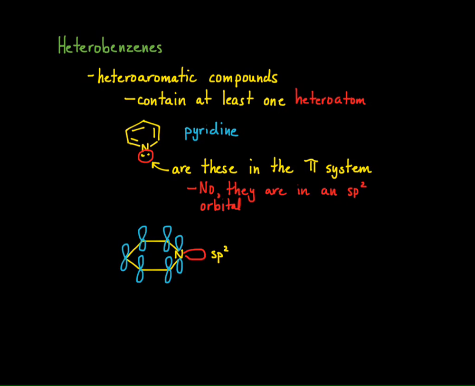If we think about the electrons in this system, we have the 6 electrons in the ring, and then the 2 electrons in the sp2 orbital. Those 2 electrons are not part of the pi system. And so there are only 6 pi electrons, right? Because of this, we have a cyclic, planar, fully conjugated ring that has 6 pi electrons, which satisfies Huckel's rule.